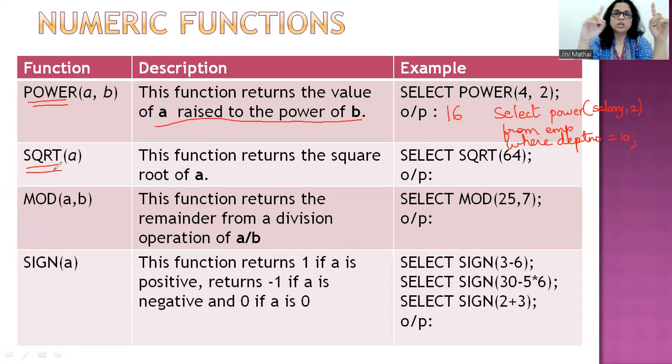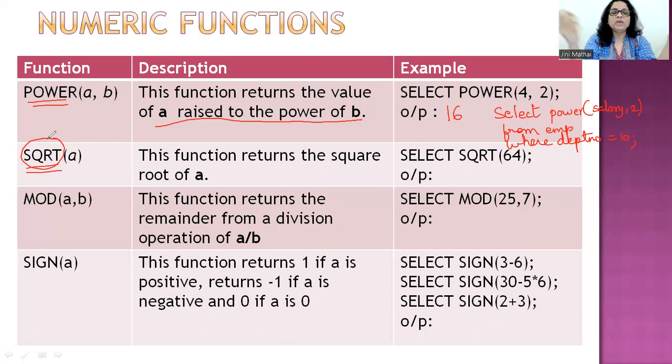Now, please pay attention. When we talk about functions, functions are always identified by a name. And right after the function name, you will see the round brackets or the parenthesis. And within the parenthesis, what will be there? The data that you need for this function to work.